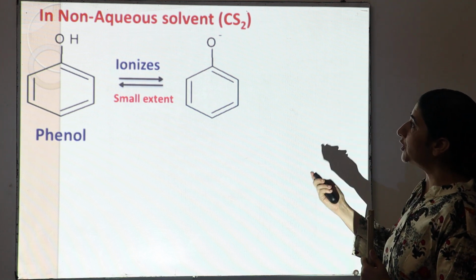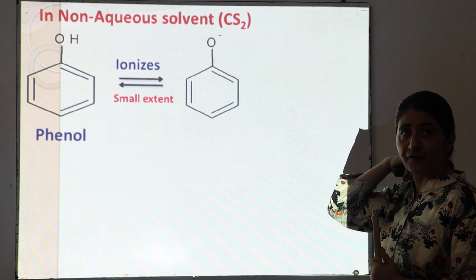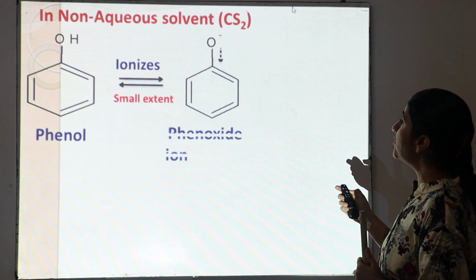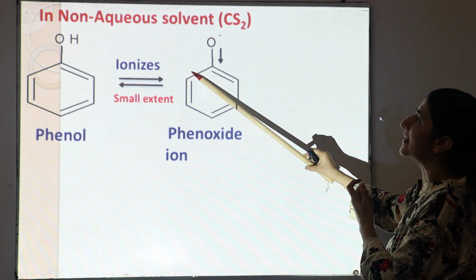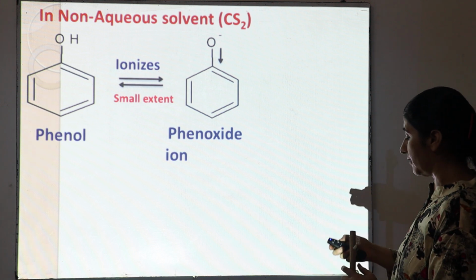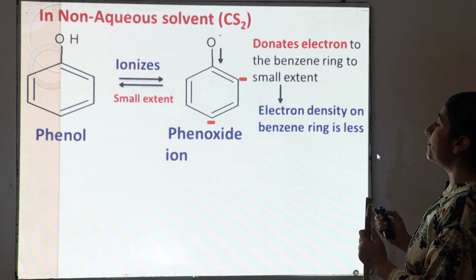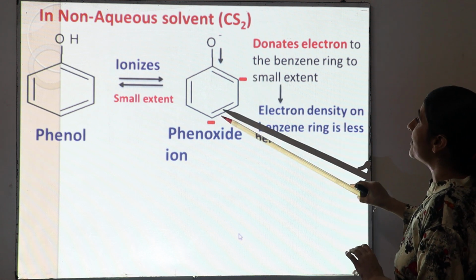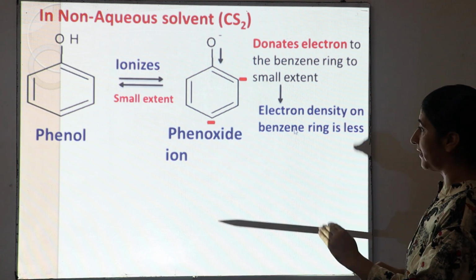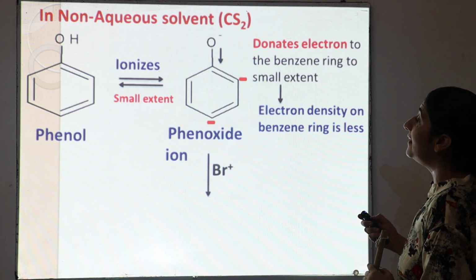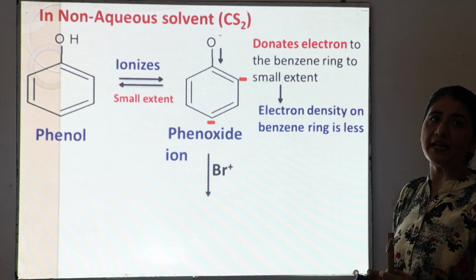So due to the lesser extent of ionization of phenol, the activation of the benzene ring takes place to a lesser extent as compared to the aqueous solution. So the electron density on the benzene ring is less as compared to the aqueous solution. It means the electrophile has a lesser tendency to attack the benzene ring.